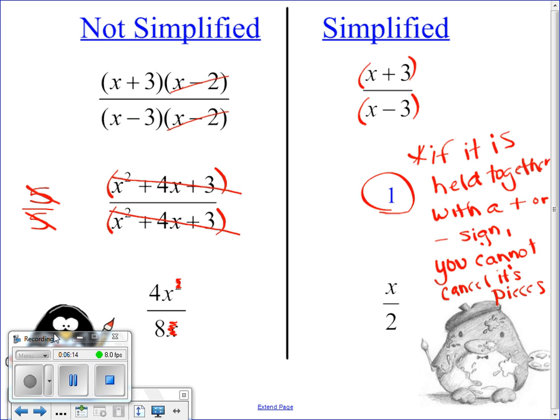And then 4 and 8 can both be divided by 4. 4 divided by 4 is 1. 8 divided by 4 is 2. So on the top I have 1x, and on the bottom I just have a 2. There were no plus or minuses holding that stuff together, so you can take one piece at a time and piece it out. We'll get lots of practice with this today, okay?